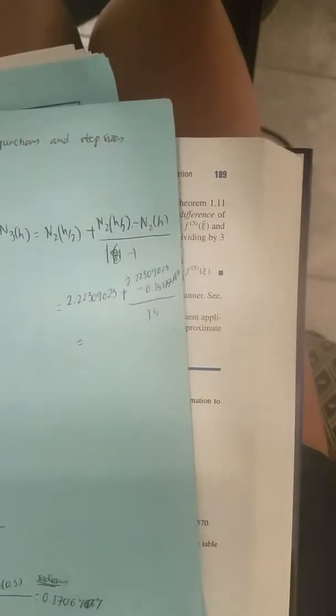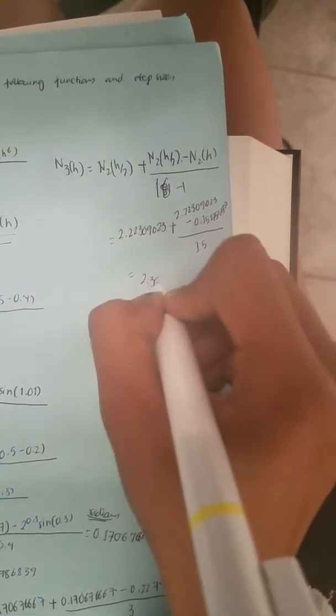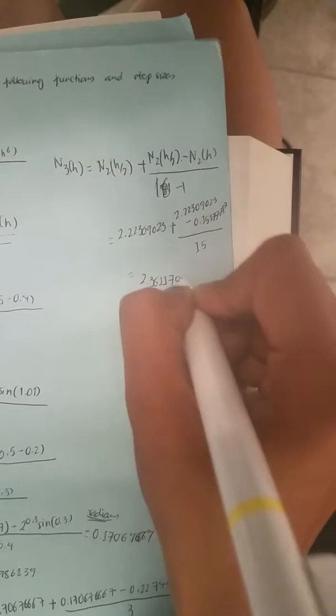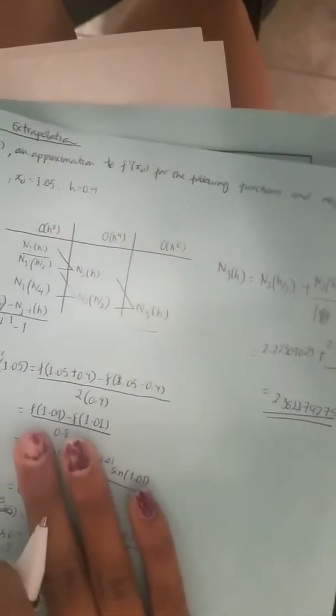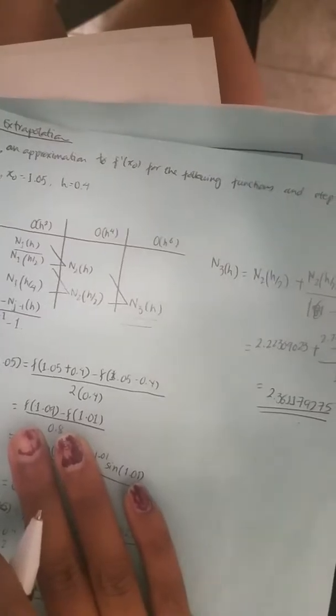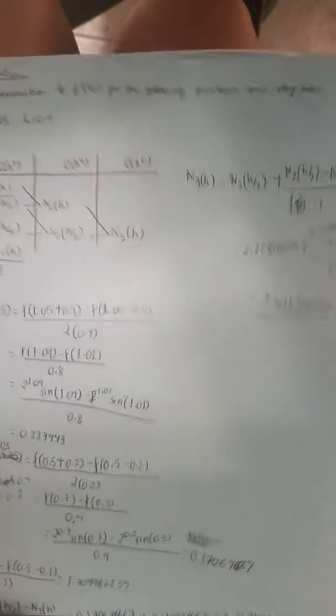So this will give me my answer, which is 2.36117925. And that is going to be my N3 of h. That is my Richardson's extrapolation, section 4.2. Great.